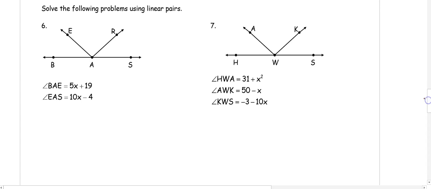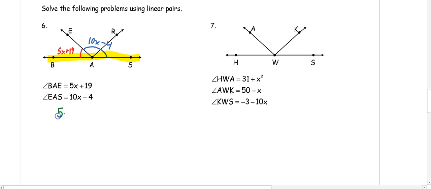Solve the following problems using linear pairs. So in this case, they're telling us that BEA is 5x plus 19, and that EAS is 10x minus 4. So they're forming a straight line together, and straight lines always have measures of 180.